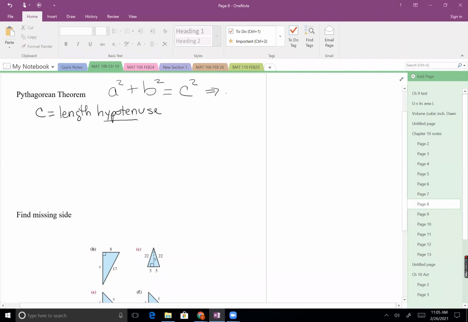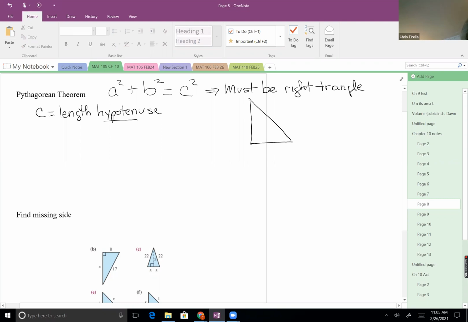Right. So it must be a right triangle. And so if I draw a right triangle, can anybody refresh my memory on what it means for a triangle to be right?